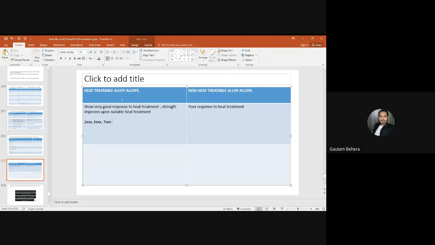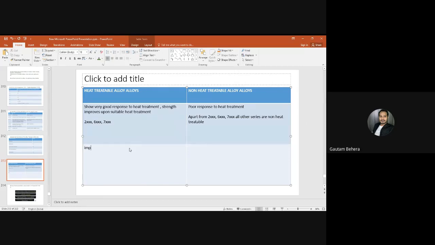This series of aluminum alloys are heat treatable, and all other series apart from these are non-heat treatable. So heat treatable and non-heat treatable aluminum alloys are classified on the basis of whether they are forming precipitates or not, whether they are showing precipitation hardening or not, right?